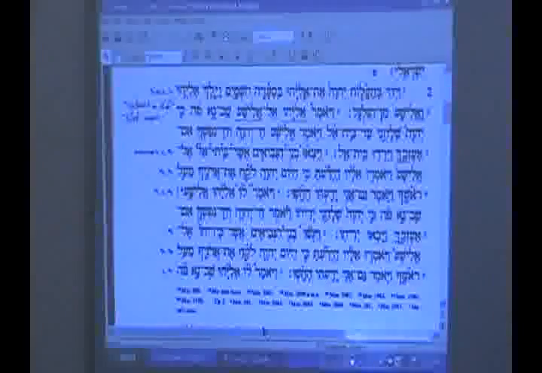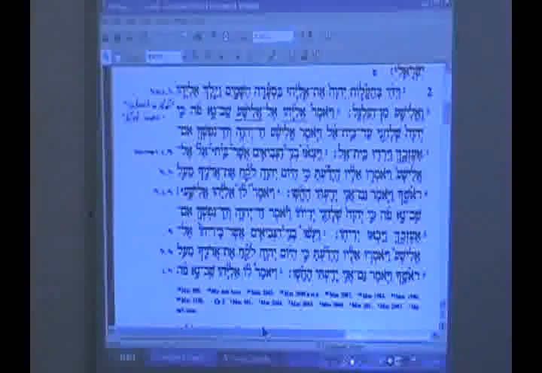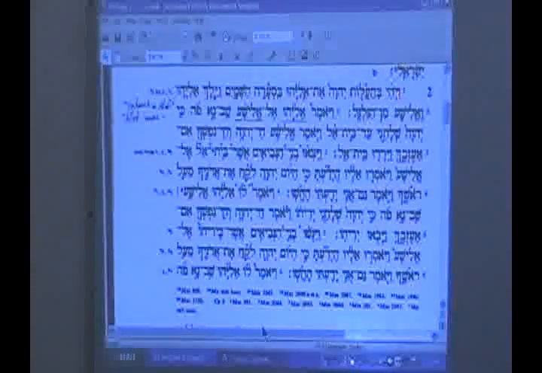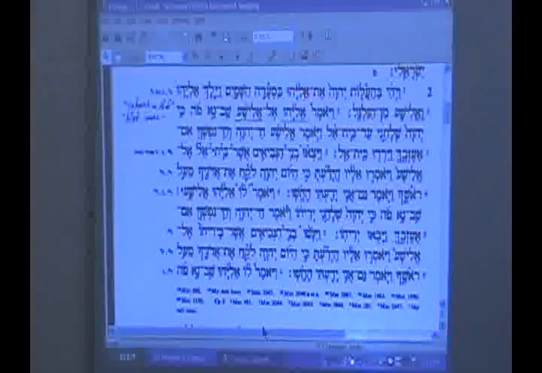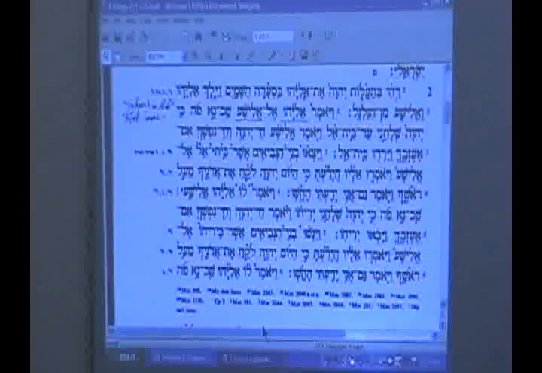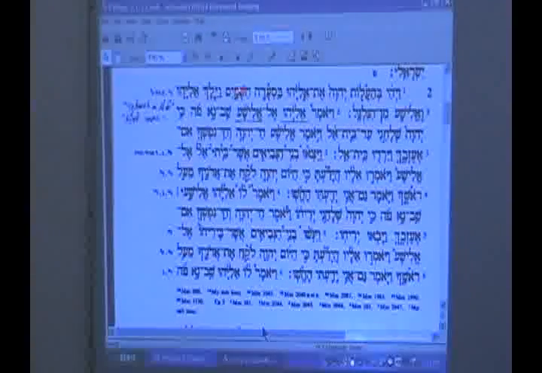Chapter 2. Now this is a familiar story to you, hopefully one that also generates some interest in its narrative features. Now here's how it goes. And it happened when Yahweh was going to take up Elijah in a whirlwind to heaven. So that's getting a setting for this, isn't it? The event.